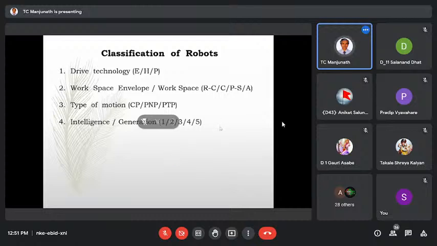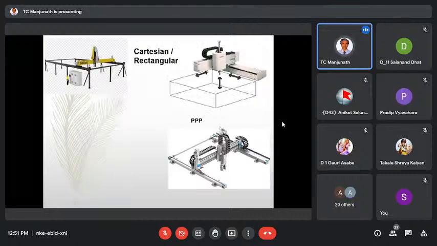Electric drive is nothing but a motor which is controlled with interfacing circuitry, right? So an electric drive is nothing but an electric motor to which interfacing circuits are attached.